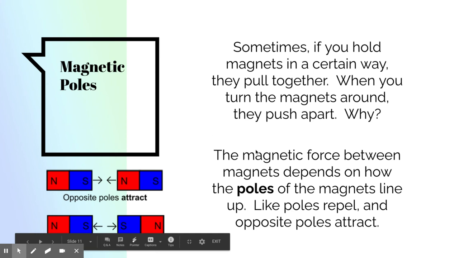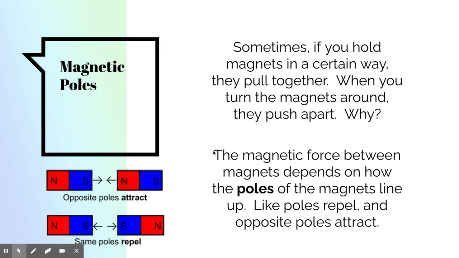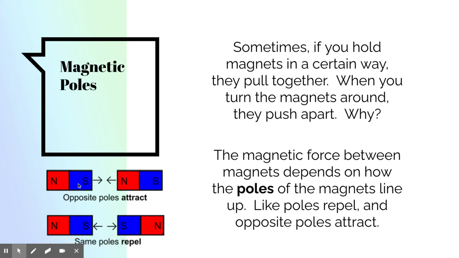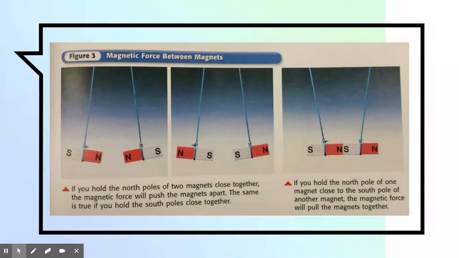So the magnetic force between magnets depends on the poles of the magnets and how they line up. Just like electric force, like poles will repel. So if you try and put 2 of the same type together, they're going to push away from each other. But opposite poles will attract. Like poles repel, opposites attract, just like electric force. So that's a nice little rule that we can remember for both.